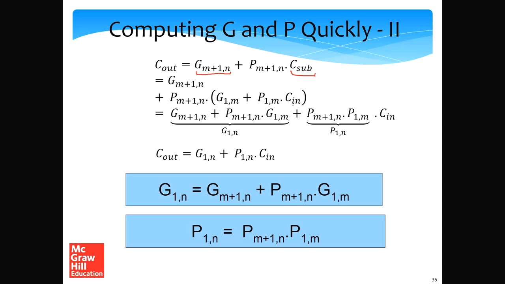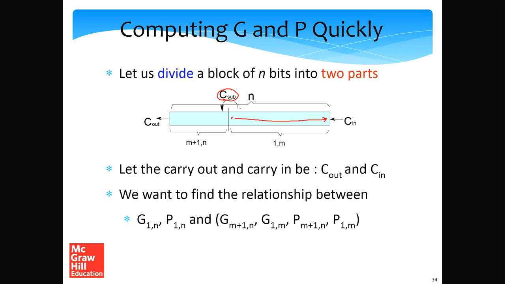By doing a little bit of algebra and rearranging the terms, what we see is that the generate function from 1 to n will essentially be the generate function of the n minus m bits, or the propagate function of the n minus m bits and the generate function of the first 1 to m bits. This means that either the first m bits generate a carry and the carry is propagated through the n minus m bits, or the n minus m bits generate a carry and the carry is reflected in the carry out.